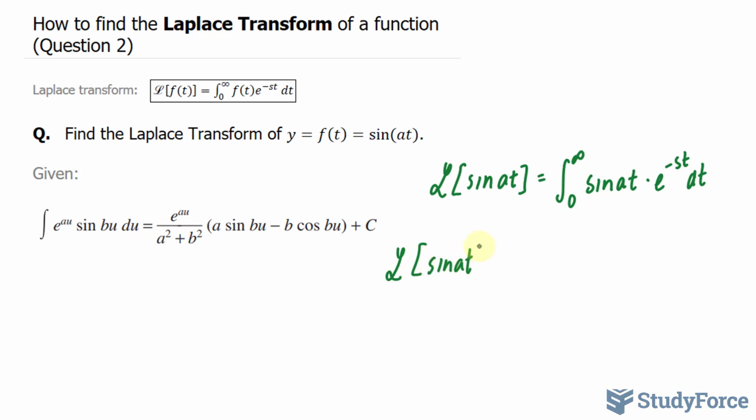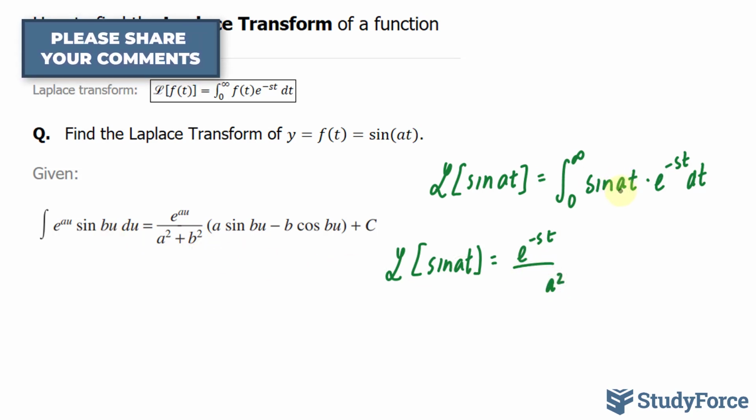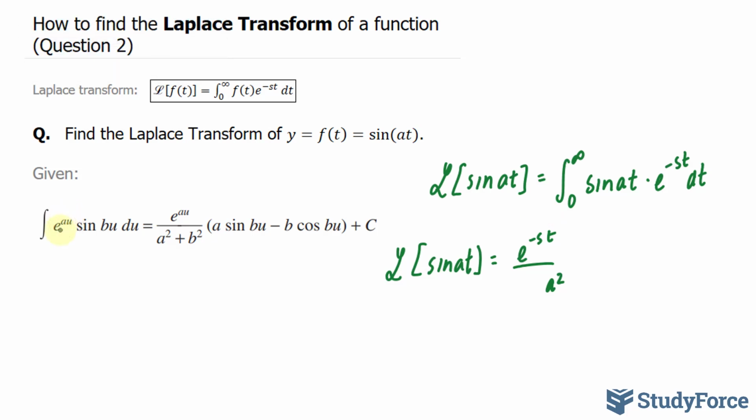So we have sine at is equal to, I'll just rewrite this as e to the power of negative st over ab. Now be careful here. Our a is the b here. So this gets replaced with a squared. Notice that this is supposed to be b, but it's a. And over here we have au, but in our case it's negative s.